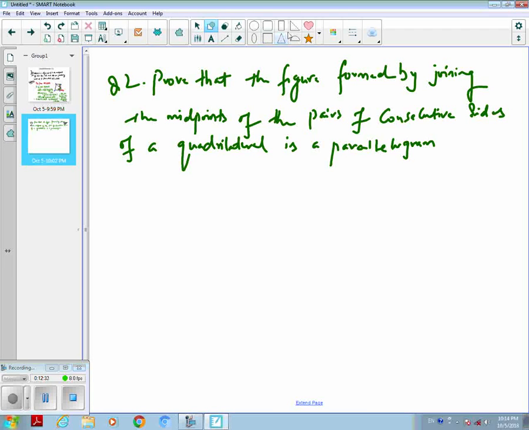Now, let us draw the diagram for this. Let this be any quadrilateral and we name it ABCD.